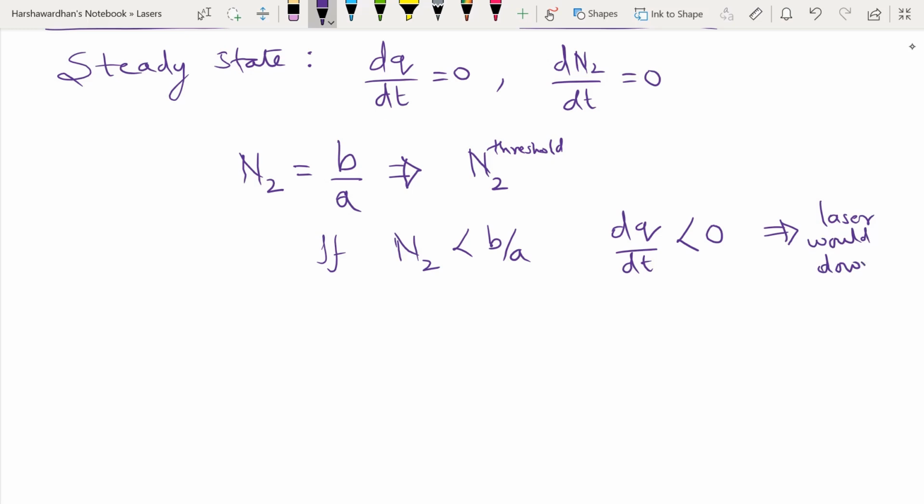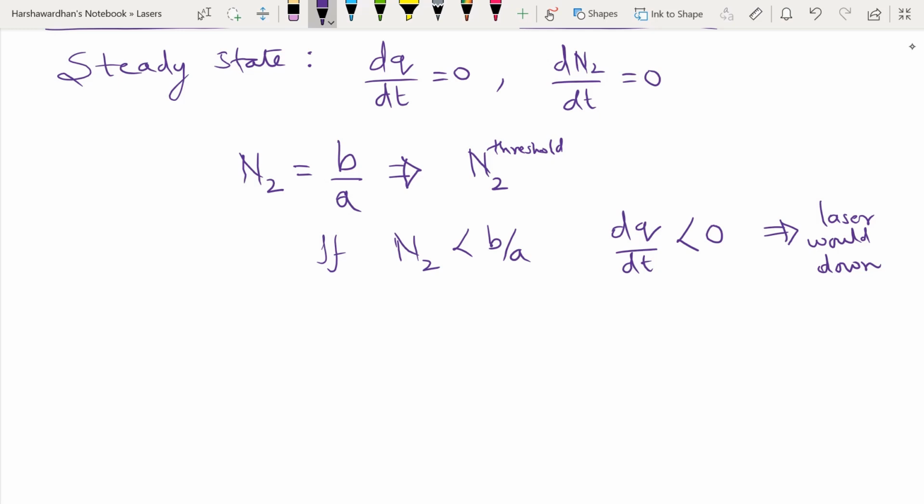Because now the number of lasing photons would decrease and the laser would shut down. So it is important. That is why I am calling this value of B by A the threshold.